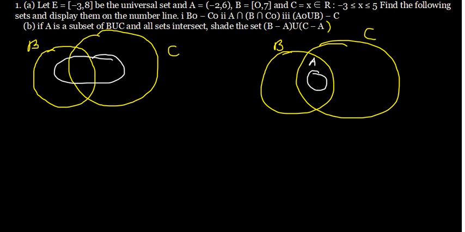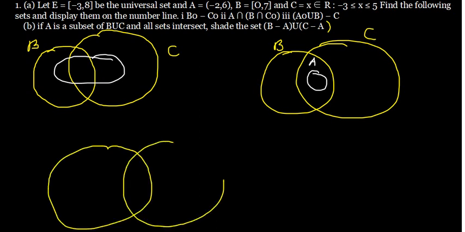It is still a subset of the union. Or we can have something like this, B here, C here. If I put A here, it is still a subset of the union. So this question didn't clearly state that, at least if the diagram was given.